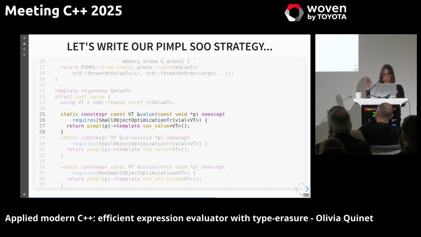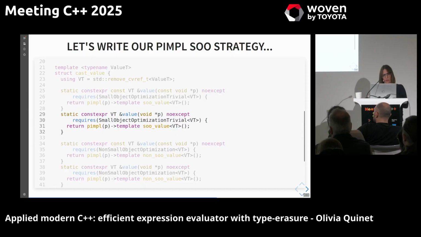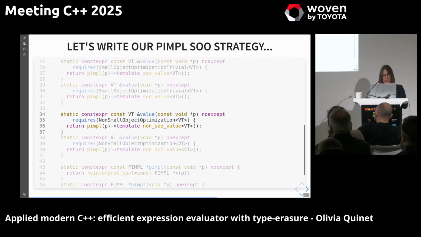It will take a const void pointer and return a const ref to our value. For this, we retrieve the pimple pointer from P, and we call SSO value. I will show later how it is done, so I'm going backwards in the code. Same for the non-const function. For the non-small object optimization, we have the same value function, which is only defined if the non-small object optimization concept is true.